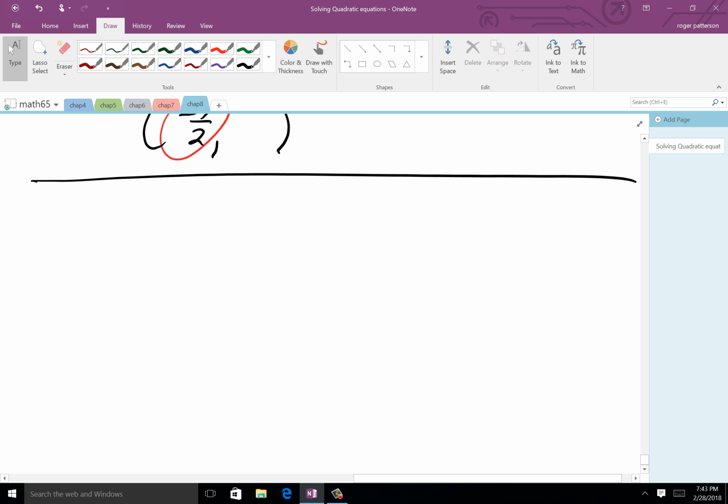Yeah? Okay. So let's just do this. Let's cover all of it. All right. Let's find x-intercepts. Let's find the vertex. And let's sketch a graph.